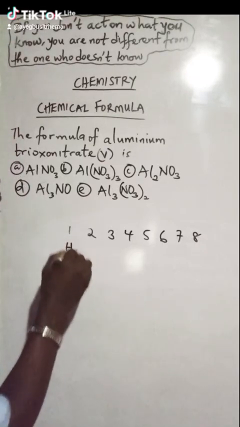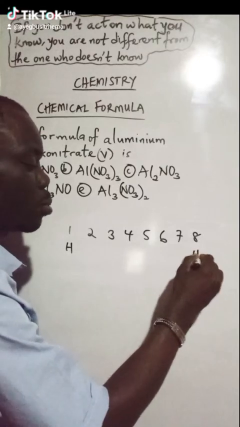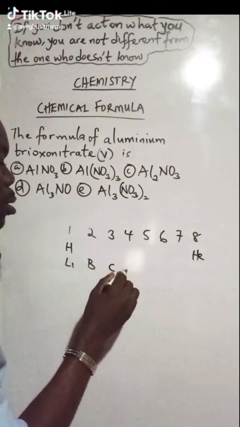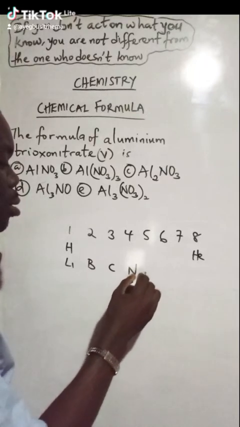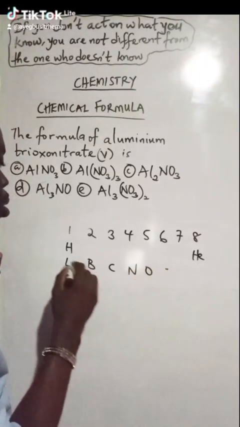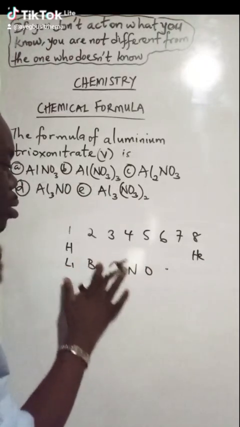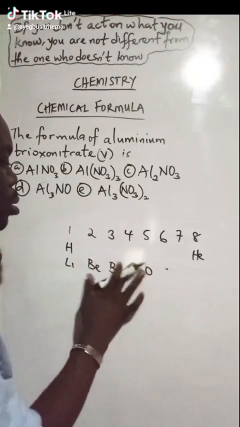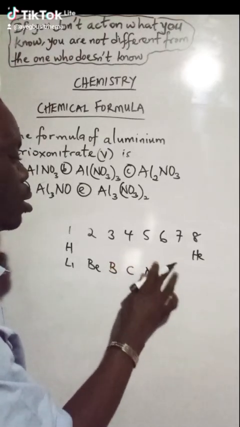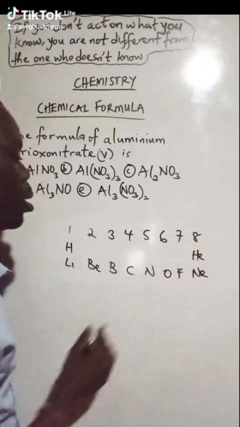So this is hydrogen. Then you put the next element under group 8. Lithium, boron, carbon, nitrogen, oxygen. I think I made an error. Hydrogen, helium, lithium, beryllium, boron, carbon, nitrogen, oxygen, fluorine, neon.